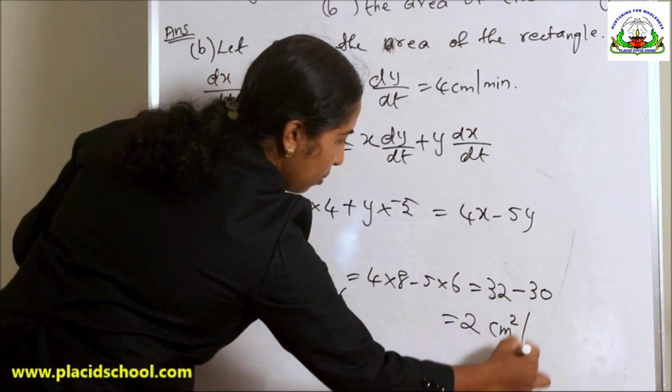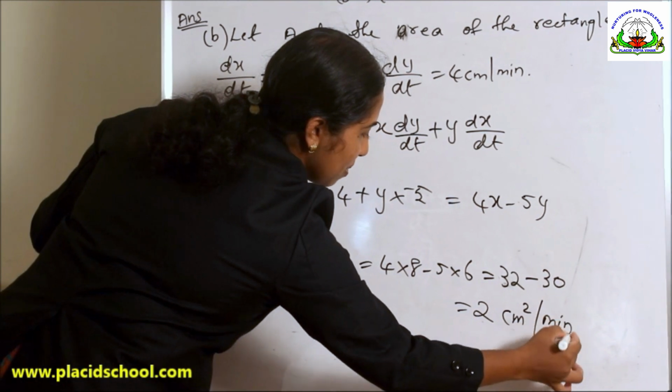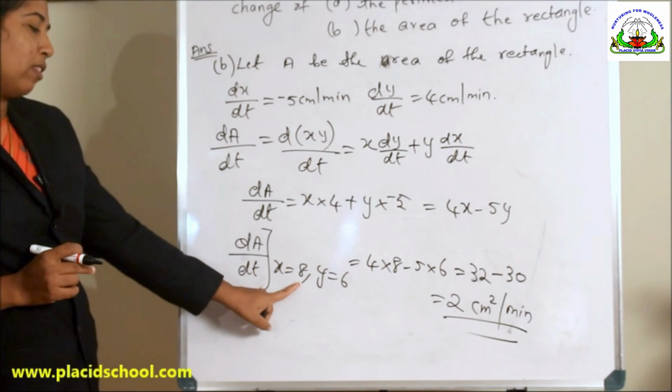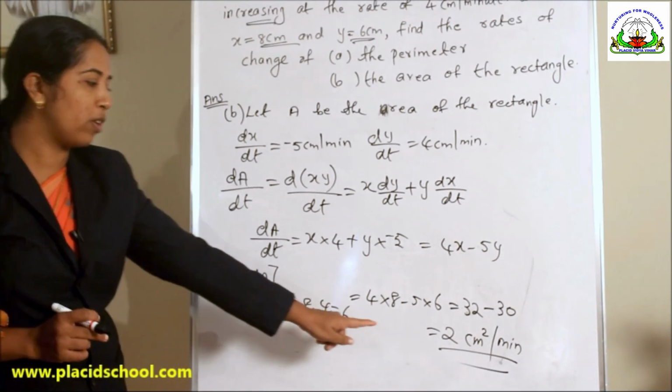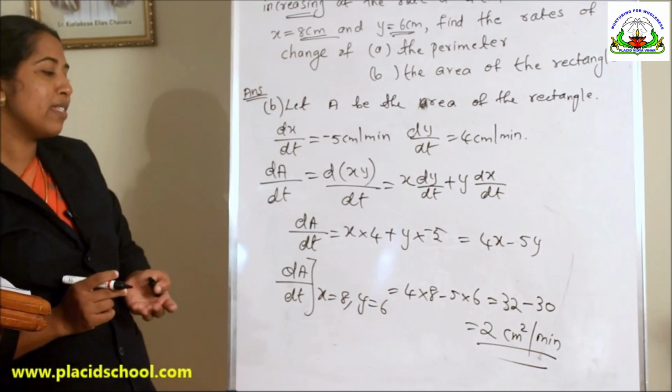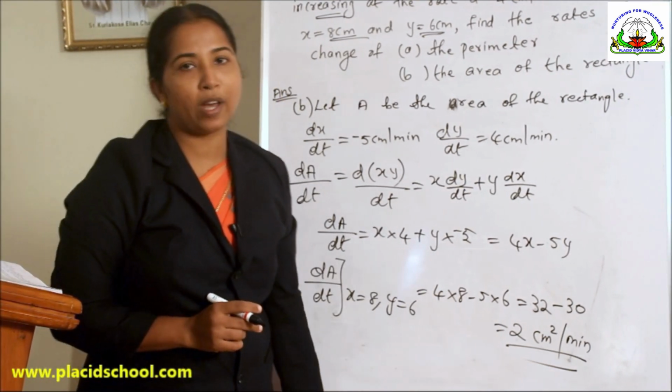Unit for area centimeter square, unit for time is minutes. So the rate of change of area with respect to time when length is 8 centimeter and width is 6 centimeter is 2 centimeter square per minute, or the area is increasing at the rate of 2 centimeter square per minute.